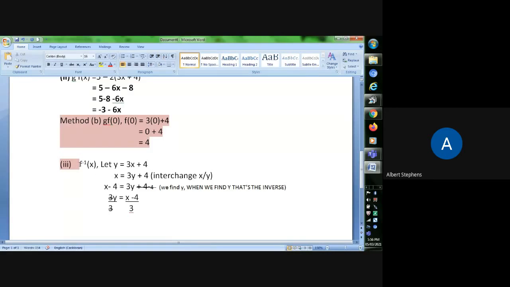f inverse x, because what did I say? When you find y, then that is the answer. So you don't even have to bother what y is equal to. Whatever y is equal to, that's your f inverse, right?